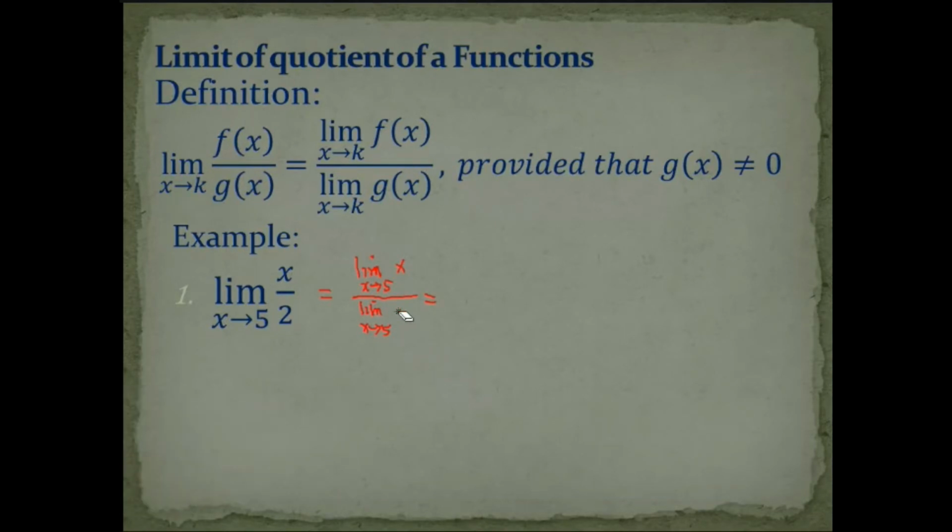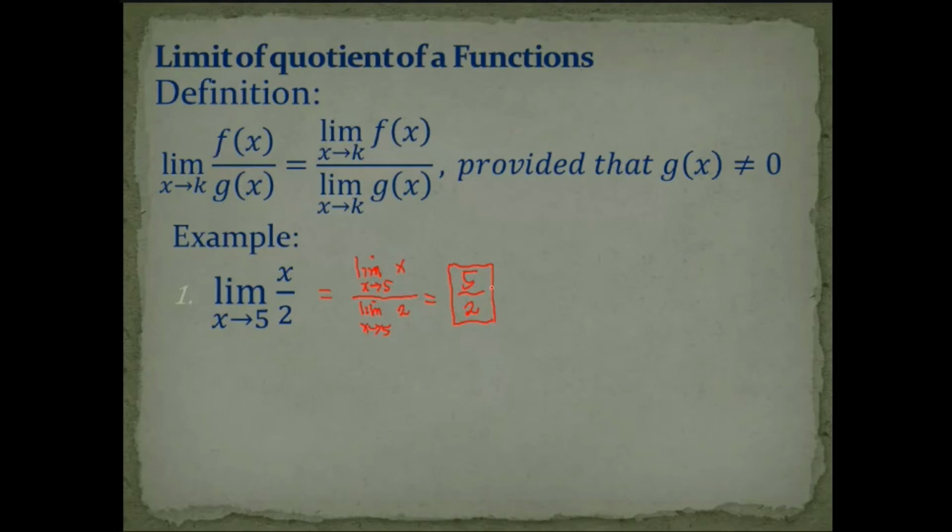Hindi siya x. Kasi yung denominator natin ay 2. Ito ay theorem number 2. Ito ay theorem number 1. So ito ay magiging 5. Ito naman ay magiging 2. At ito na po yung simplest form. Okay na ito. Okay na yung fraction na ganyan. Usually, yung fraction na improper, okay na ganito as a whole, as a final answer. Hindi na kino-convert ng decimal.